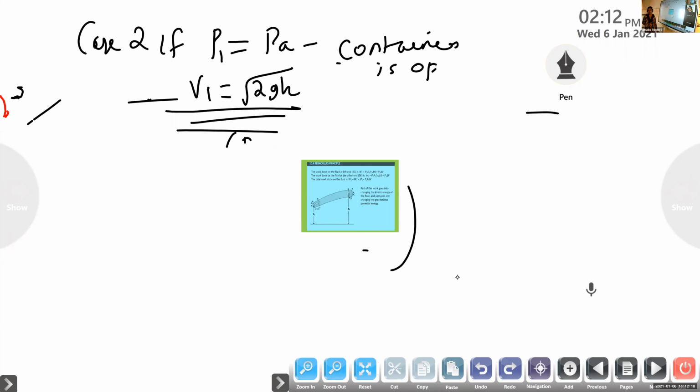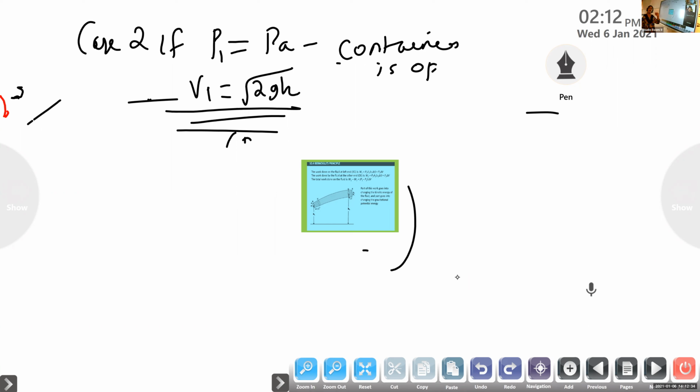Thus, the speed of efflux is equal to the speed of the freely falling body, and this is known as Torricelli's law. So how do you state Torricelli's law for efflux?